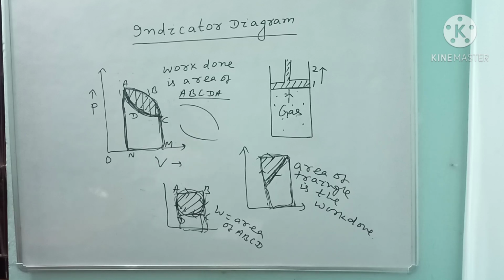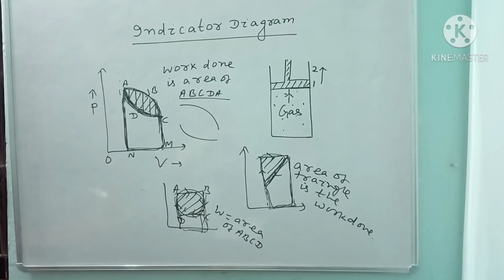So therefore, when you see a cyclic process, your work done is the area of that loop. The loop may be a triangle, the loop may be a square, the loop may be a circle, like that.